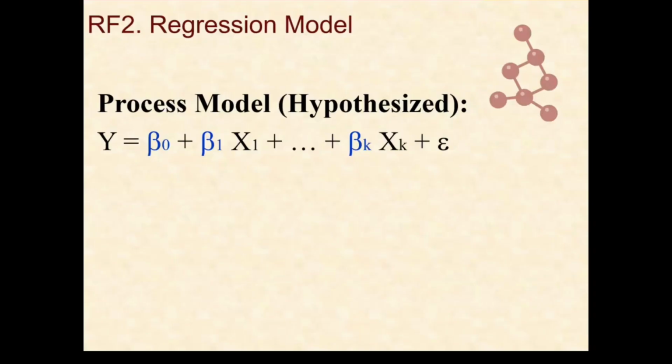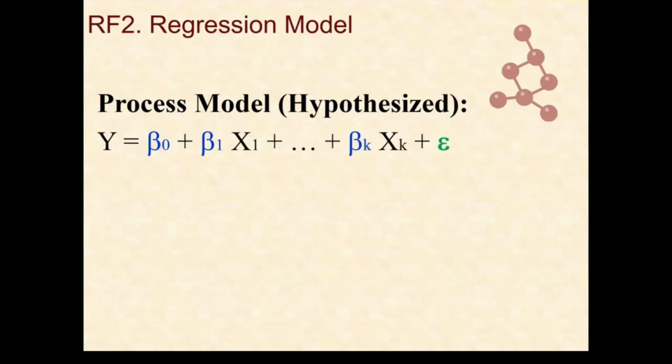The beta i are unknown parameters, characteristics of the process that are fixed, of interest, but unknown. The error term epsilon is a random variable associated with the process. It is described by a probability distribution and formally incorporates the uncertainty we still have about the response variable, even knowing the predictors. We explicitly acknowledge that the predictors aren't perfect. They do not give us a value of y for certain.